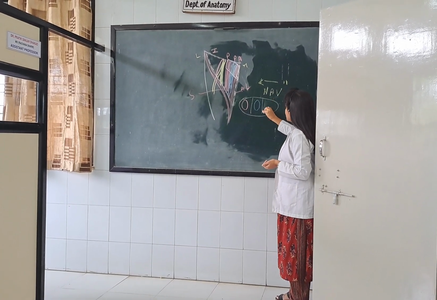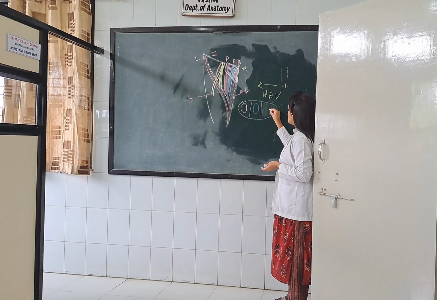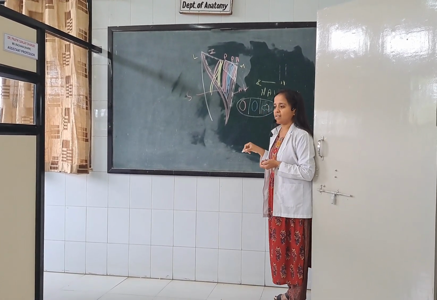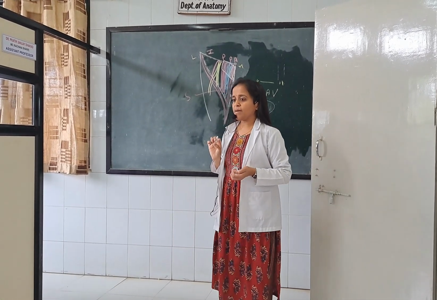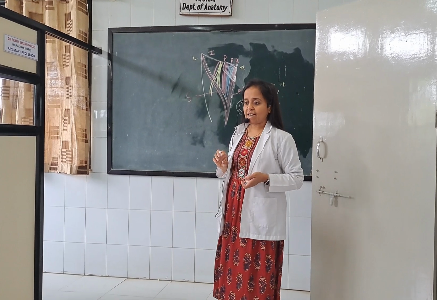There is a space here which is known as the femoral canal. On average there is one lymph node seen in this space, known as Rosenmuller's lymph node. But that is an empty space and it is known as the femoral canal.